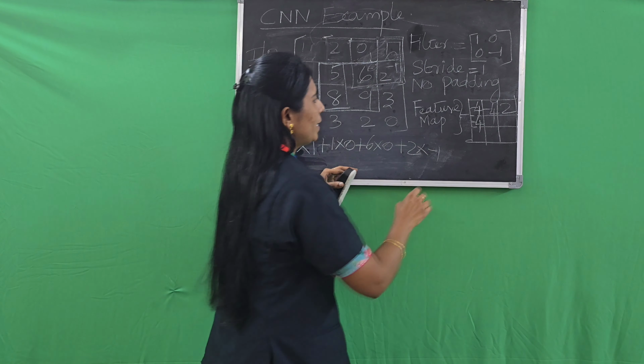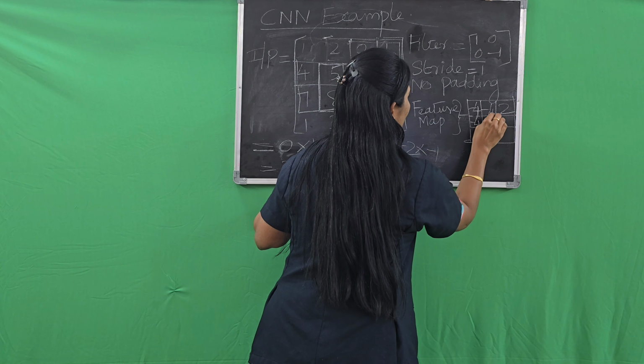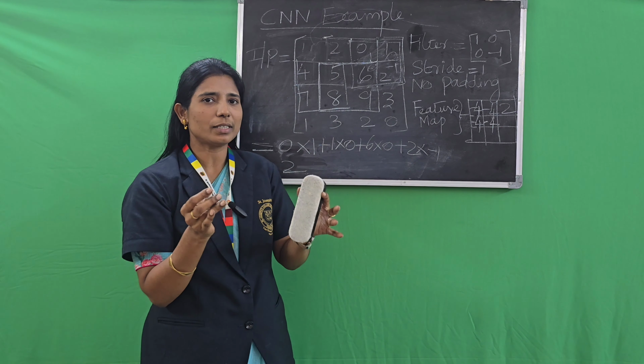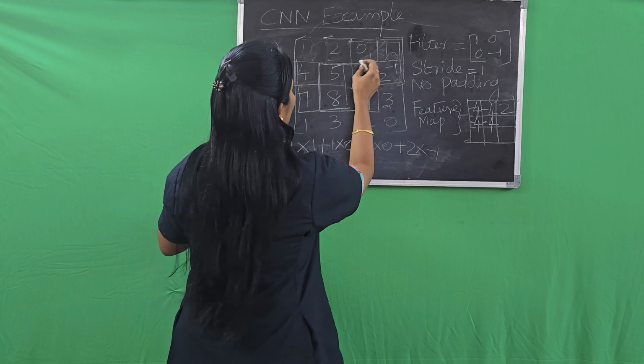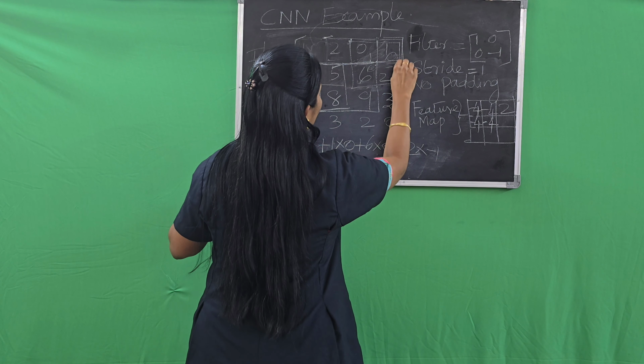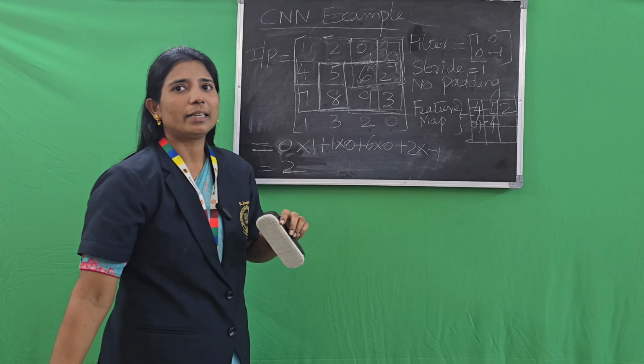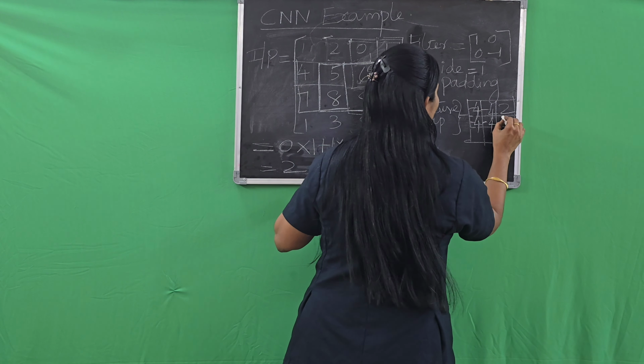Then the result minus 4 will be stored here. Then we can shift the kernel to the right by 1 pixel position. So we can place the filter here. Then the result 3 will be stored here.